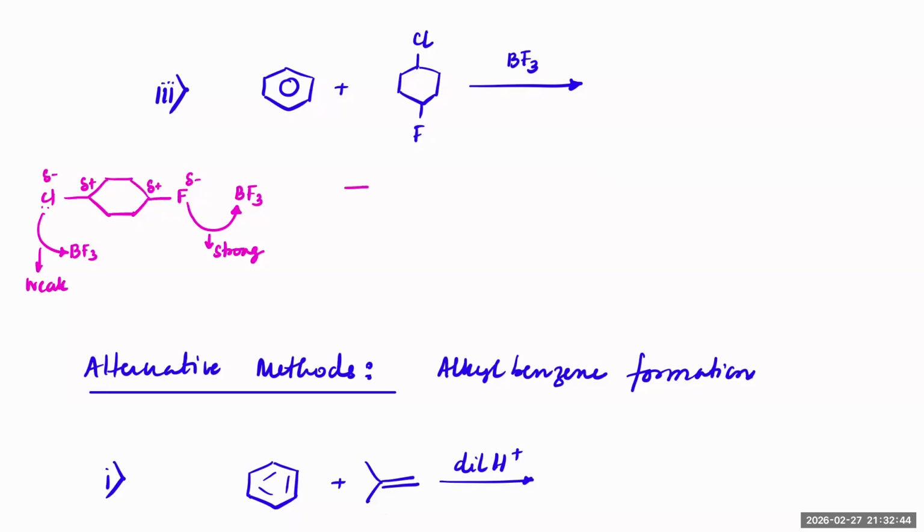Hence, you will see that carbocation formation on this end with fluorine going away is more often observed, and hence benzene will attack on this position. Therefore, the product you will get in this case will be like this with chlorine here. So this is a major product, everybody.